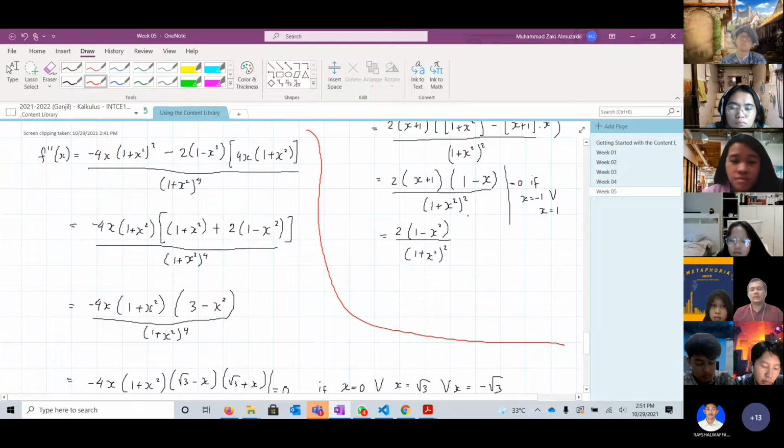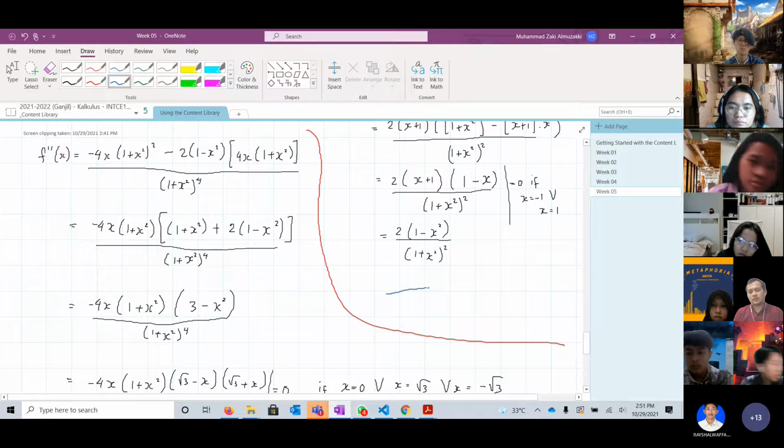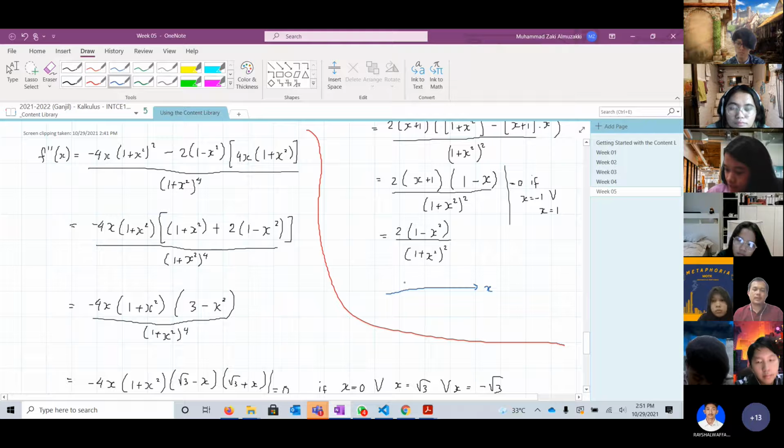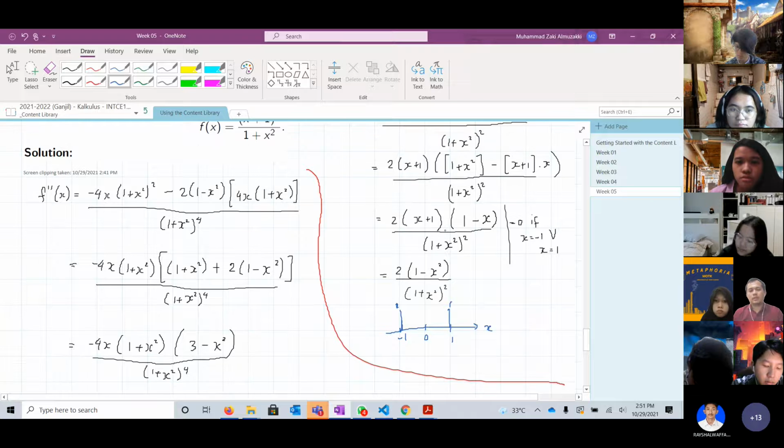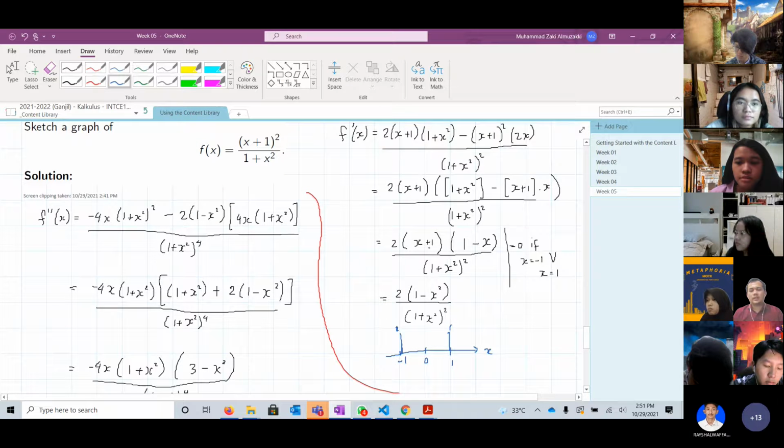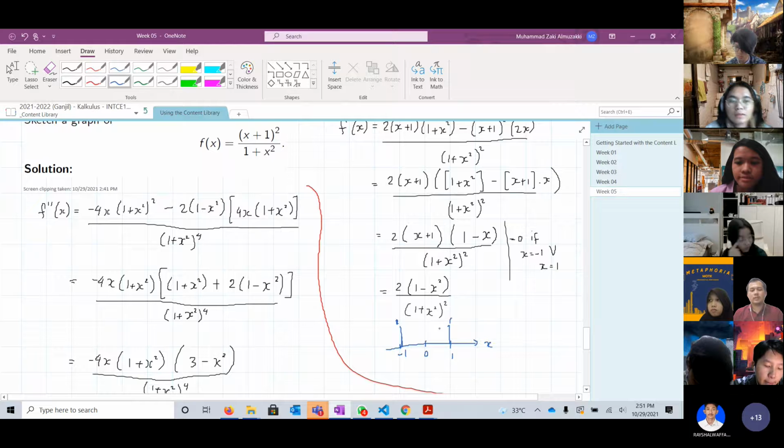Okay. Now from the first derivative, let me use blue color. This is x. We have minus 1, 0, and 1, and we build the wall, and the powers are 1. So in this case, we can put 0 in here. If we take 0, then we have the value to be positive. 1 minus 0 squared is positive.